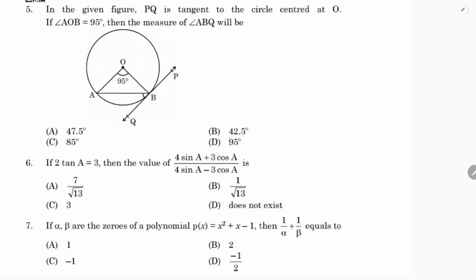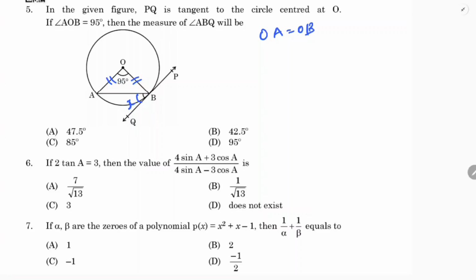In the given figure, PQ is a tangent to the circle centered at O. AOB is 95, then the measure of ABQ. We need to find this angle. I'll consider it as x. So now see here, in triangle AOB, OA equals OB.